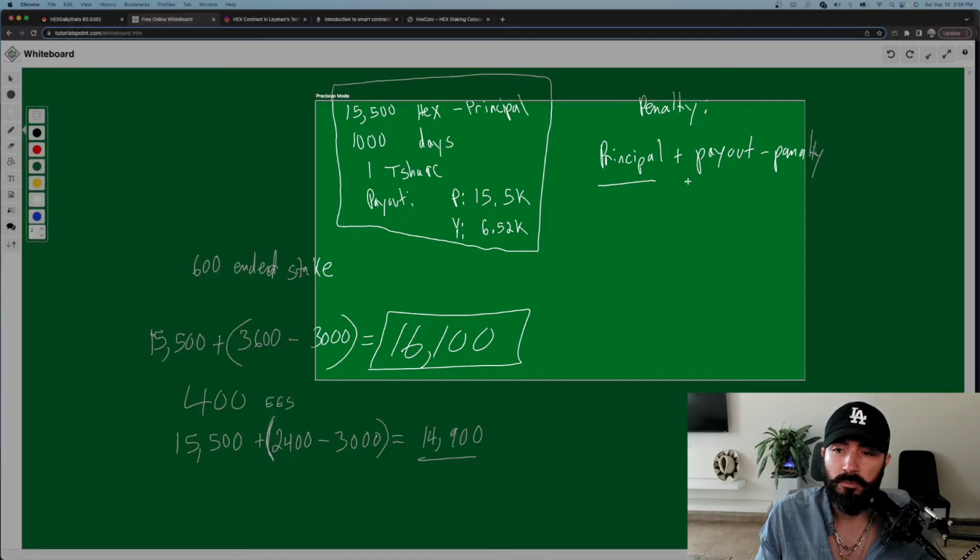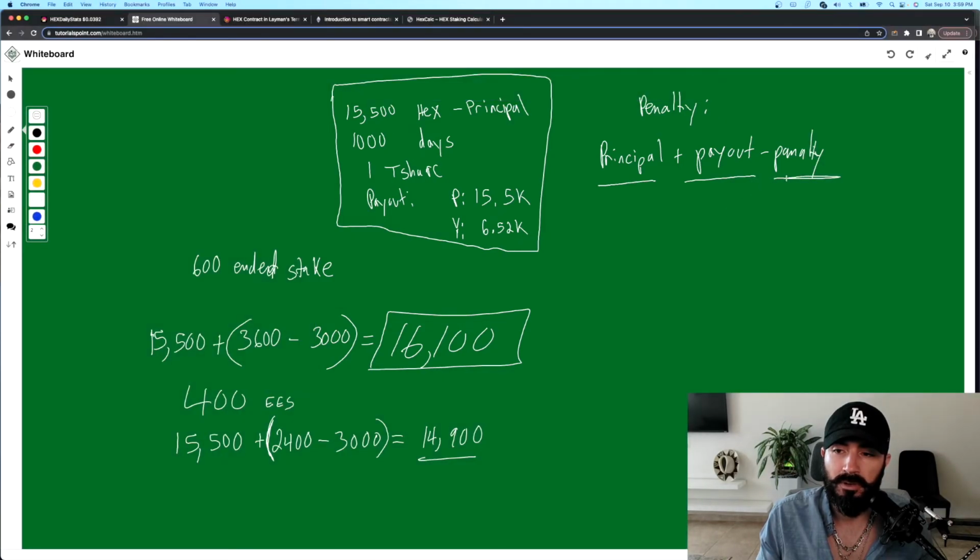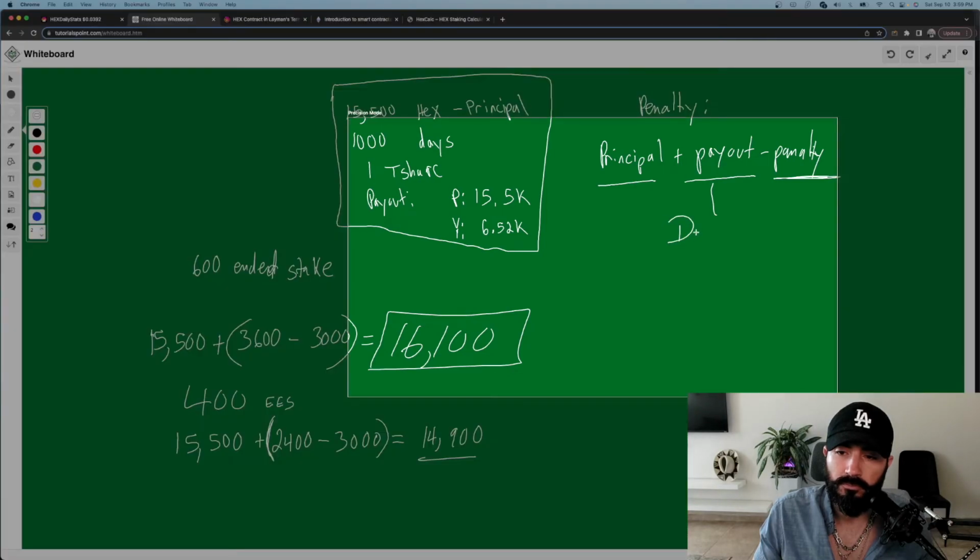Principal plus your payout minus the penalty. So the payout would be the days served times payout, which depends on how many T-shares you have. If it's one T-share, it's the payout per T-share per day times the days you've served. That's why I wanted to do one T-share, so it's easy.